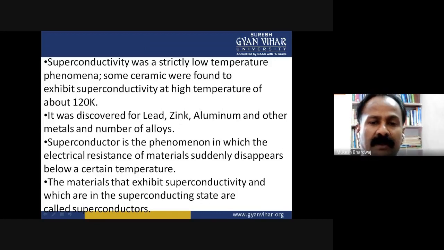Superconductivity is a phenomenon in which the electrical resistance of materials suddenly disappears below a certain temperature.